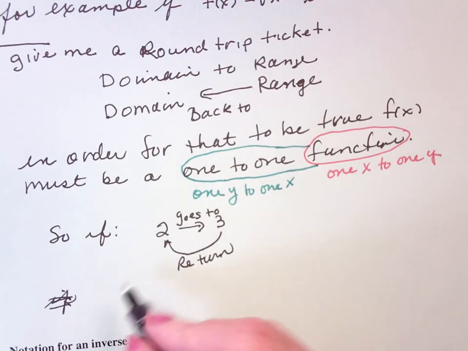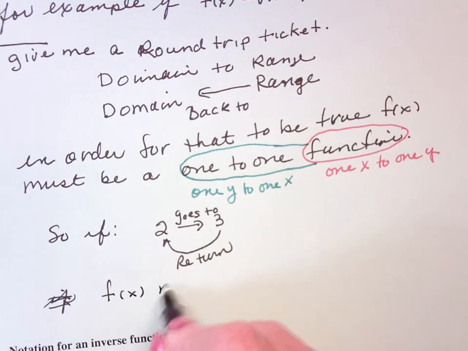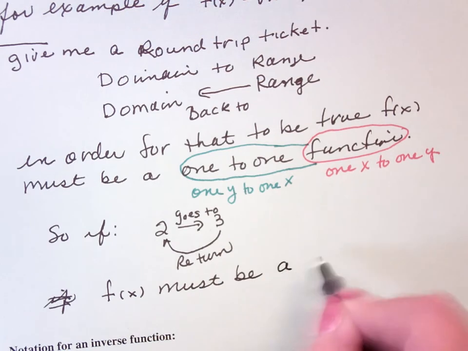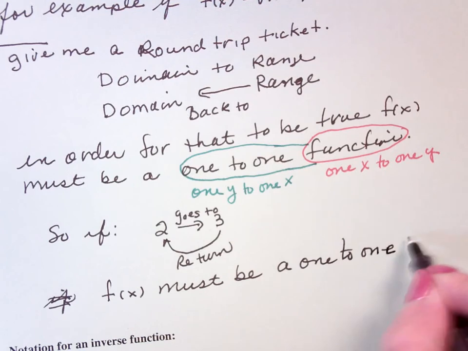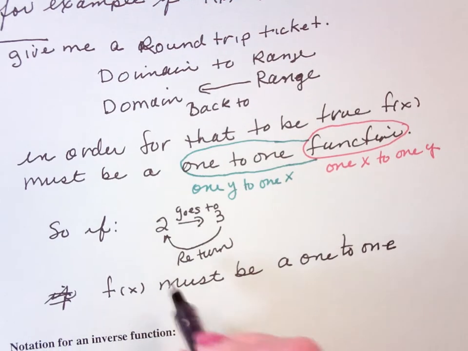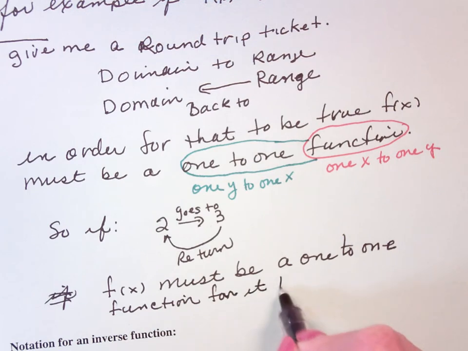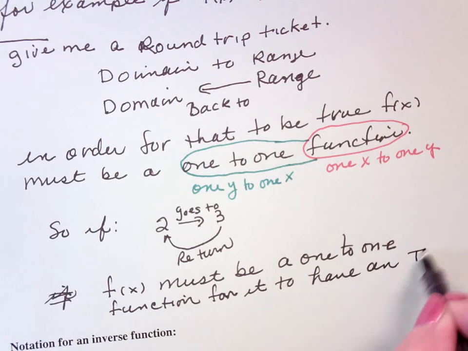So, f of x must be a 1-to-1 function for it to have an inverse.